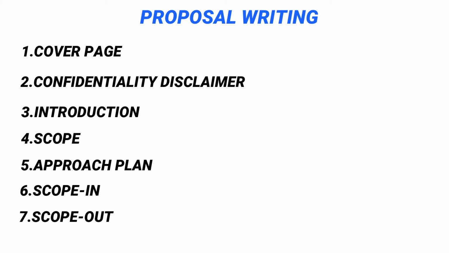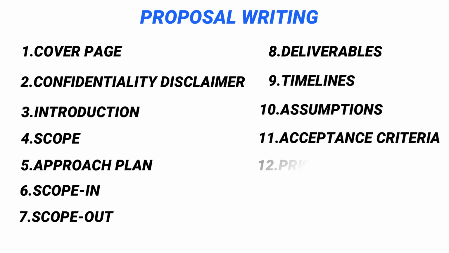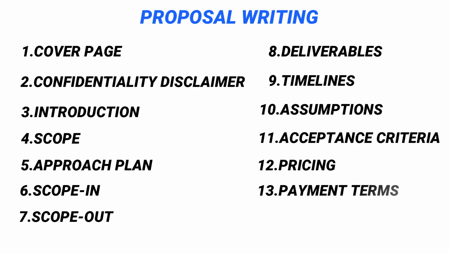Clearly you are mentioning that there. Then key final deliverables, what you are going to deliver at the end of this project, timelines, assumptions, acceptance criteria, pricing, commercial terms, which include the payment terms, and the validity of the proposal. Okay, so these are the headings which I generally follow when I write a proposal.